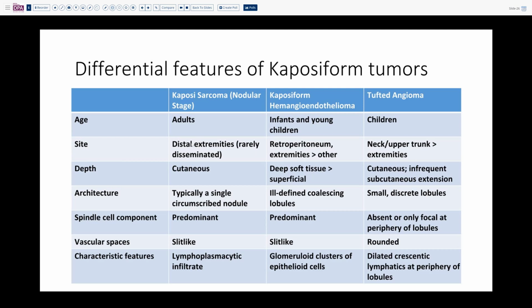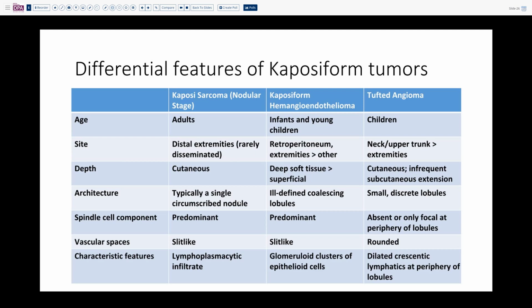Kaposi sarcoma typically is distal extremities, but in the AIDS patients can be parenchymal or organ-based or other locations. The Kaposiform hemangioendothelioma typically involves more deep soft tissue rather than superficial, whereas tufted angioma is cutaneous and very minimal subcutaneous extension.